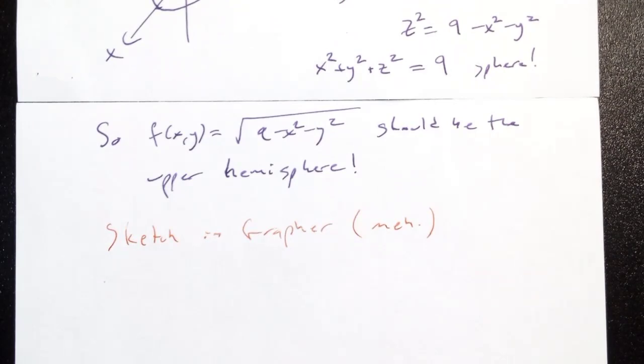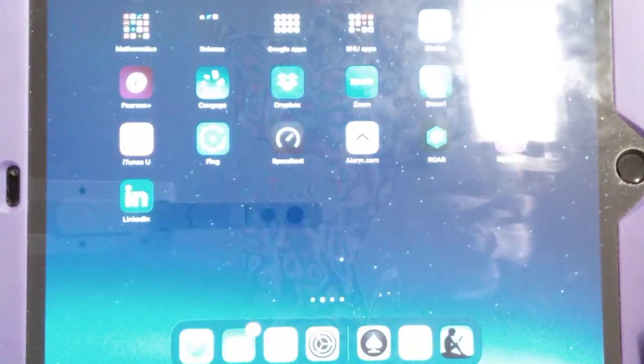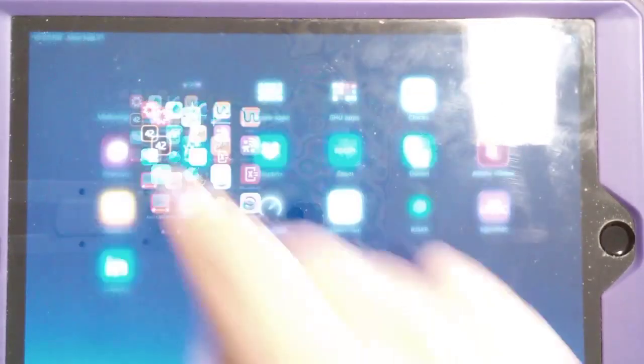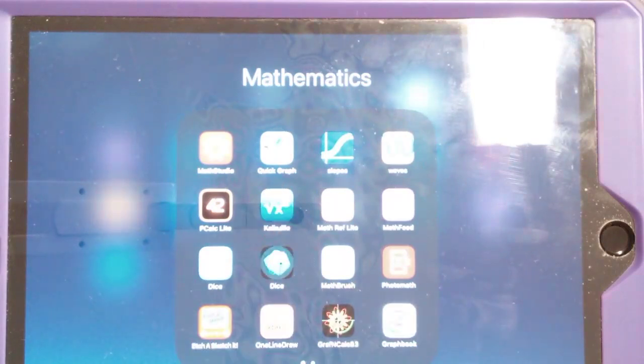Well, there are lots and lots and lots of good 3D graphing software. I don't typically use the one on Grapher because of that chop off, but for all of $1, I bought a piece of graphing software called Quick Graph.